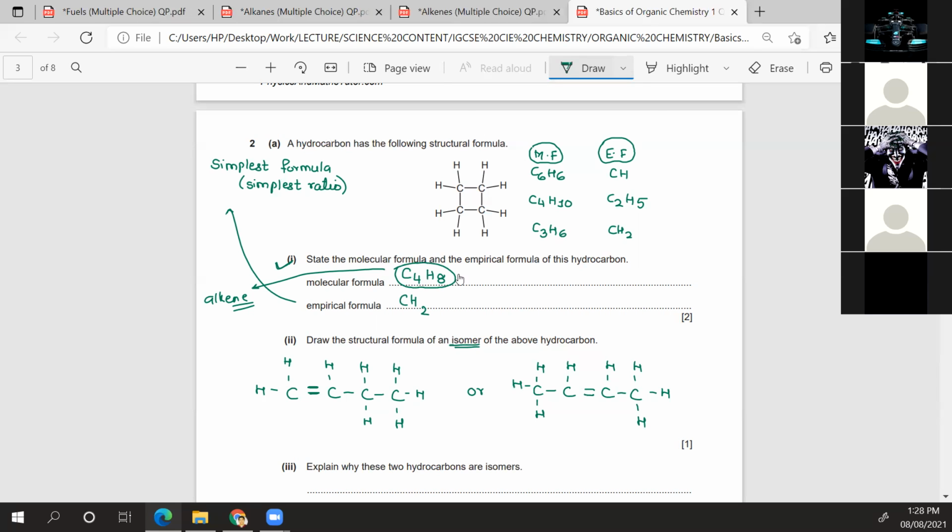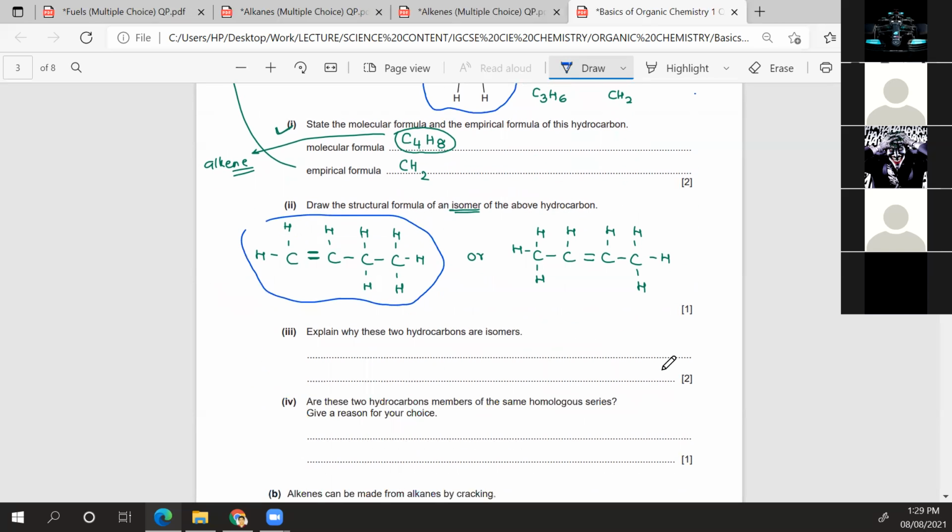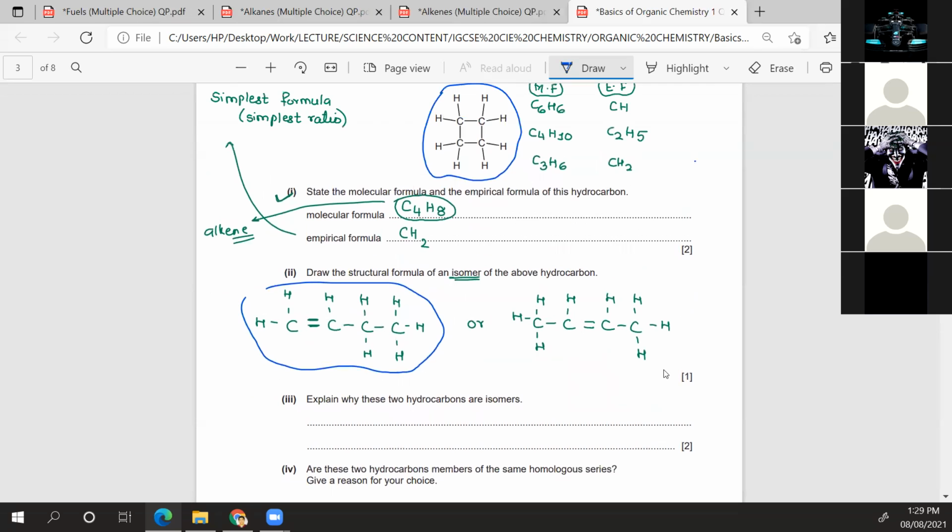So you don't have to write the name. Either one or the other you will write. Now, why is the structure which I have drawn and this structure, this structure and this structure, isomers? Because if you count the number of hydrogen and carbon, they will be the same. Why are they isomers?